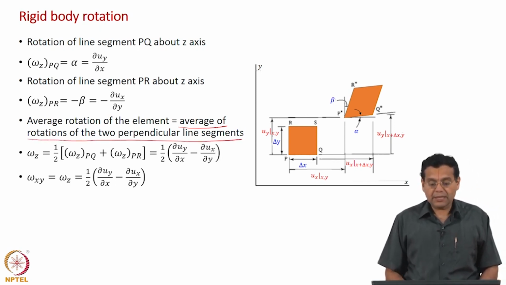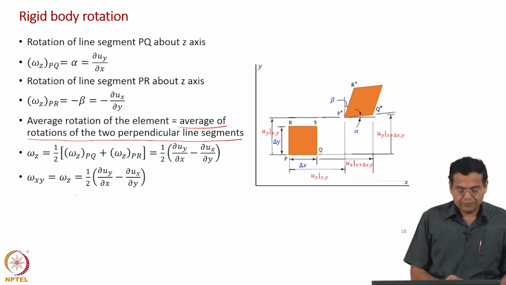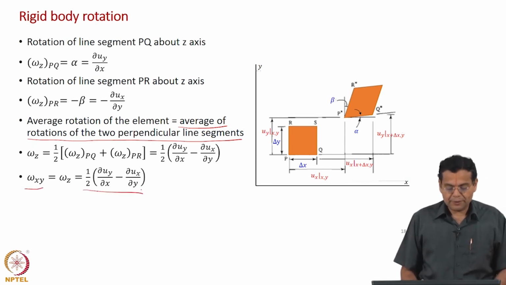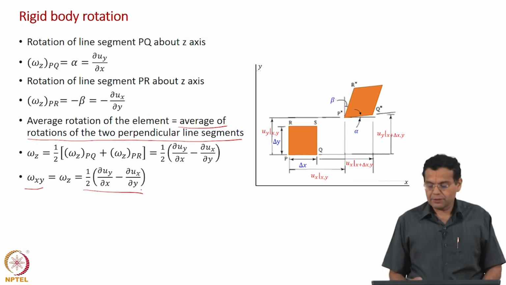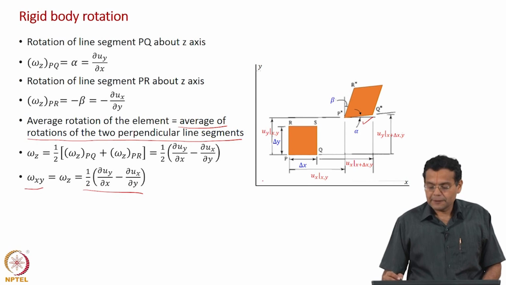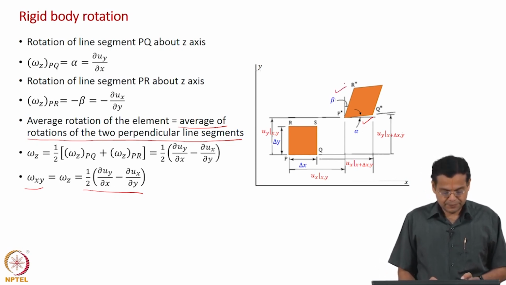We took into account the sign as well, and we got the expression omega xy is equal to half of dou uy by dou x minus dou ux by dou y. So, one is anti-clockwise, the other is clockwise. So, we take into account the sense of rotation.